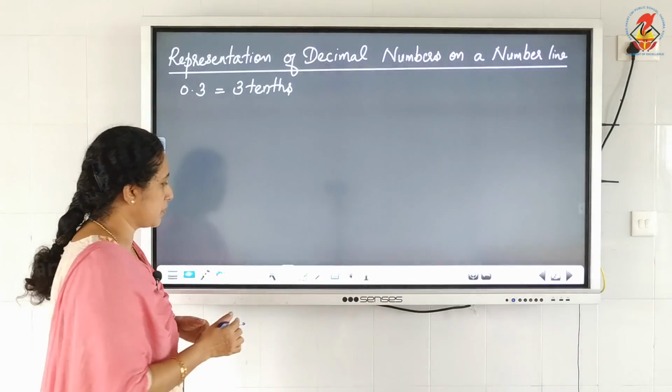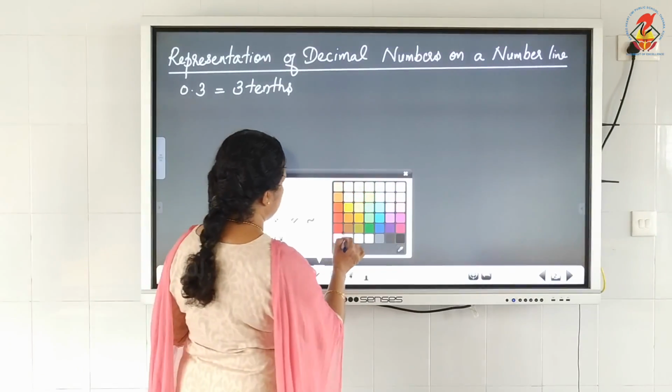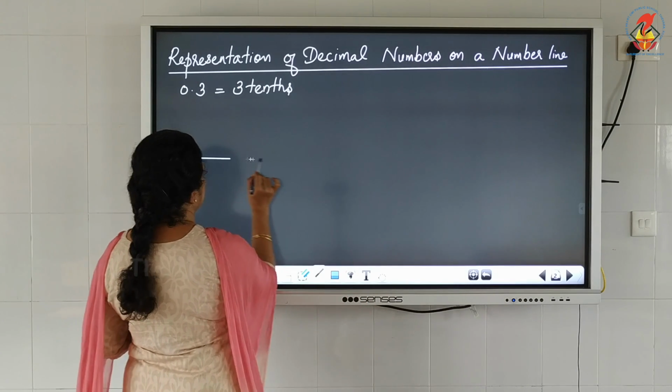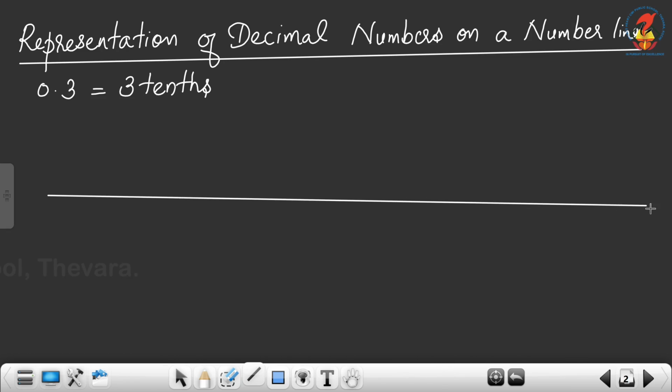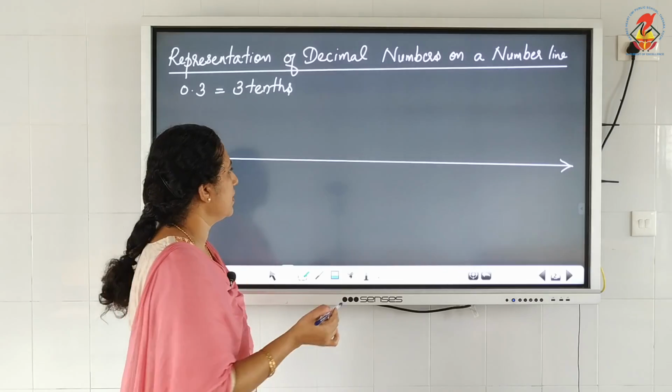So first you have to draw a line. Then put arrow marks on either side of the line because the line extends indefinitely in both directions.